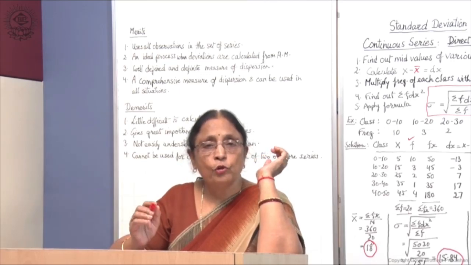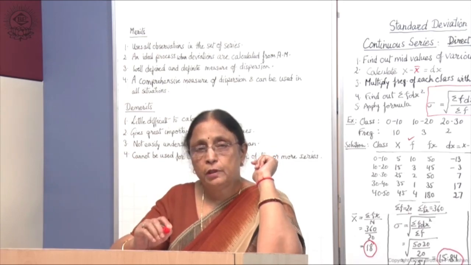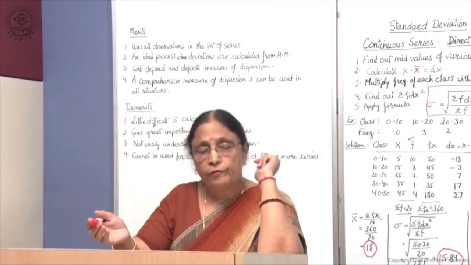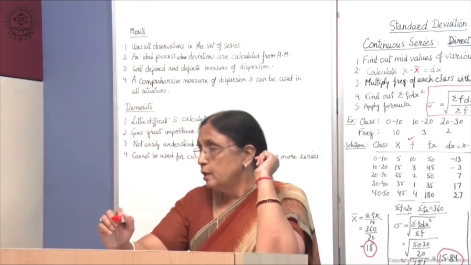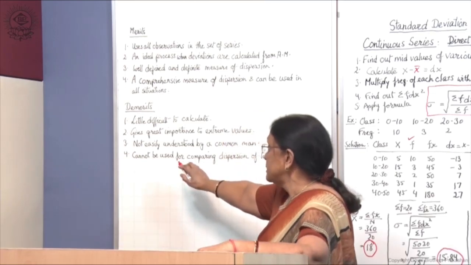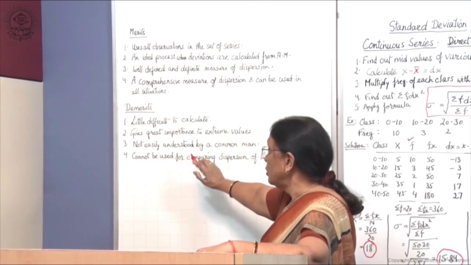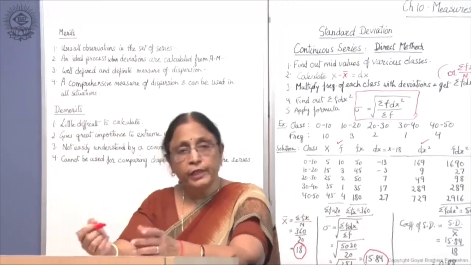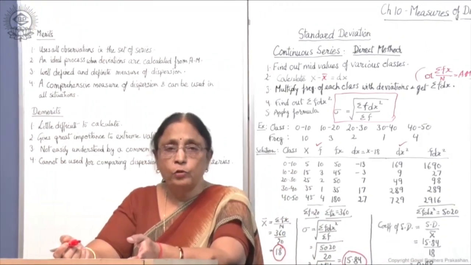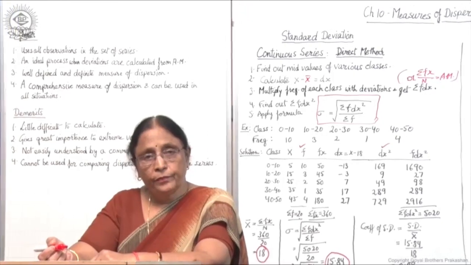That gives the dispersion of two or more series by making a graph, which you will be learning in the next lecture. So this method cannot be used for comparing dispersion of two or more series, but for one type of series this is a very good method, right.